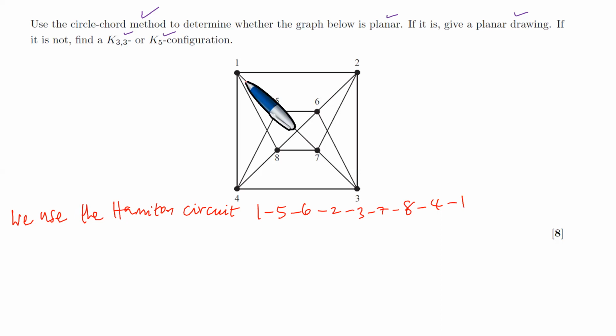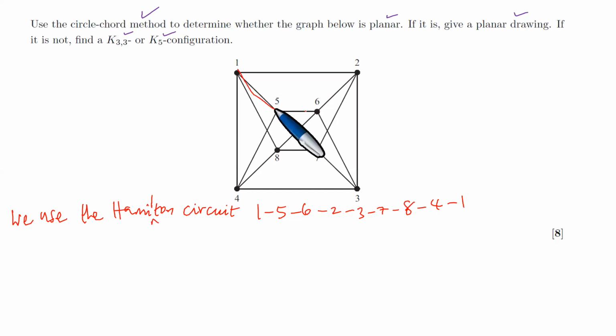We're just looking at a Hamilton second that visits all the vertices. First, we choose this Hamilton second because it visits all of them. How sure are we that it visits all of them?